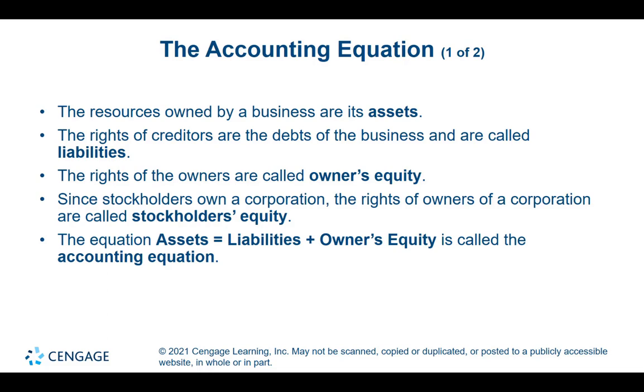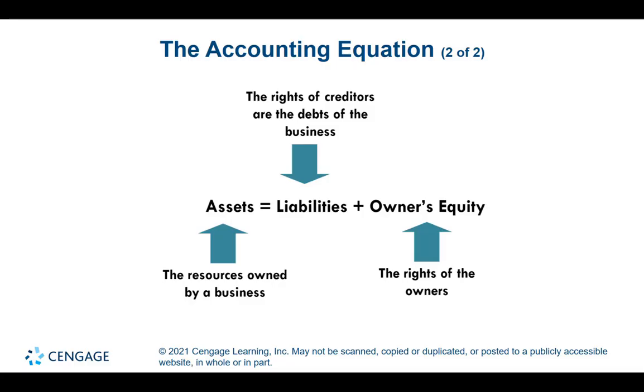When the company operates using building, land, equipment, inventory, cash, whatever assets may be used, the company tries to earn a profit and make net income at the end of the period. Any net income for the period would increase owner's equity. Here's another look at the accounting equation.